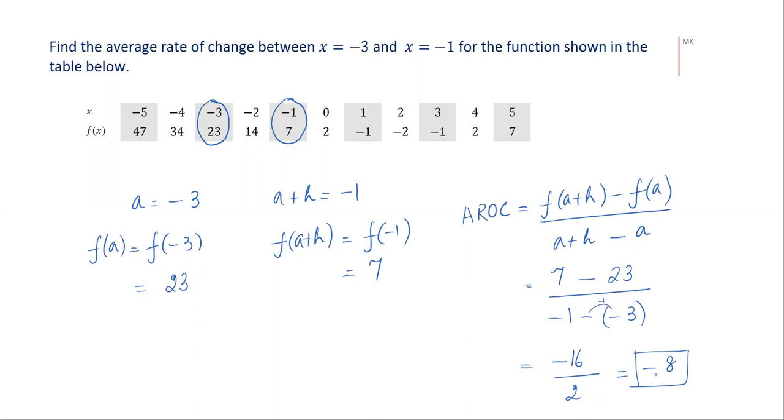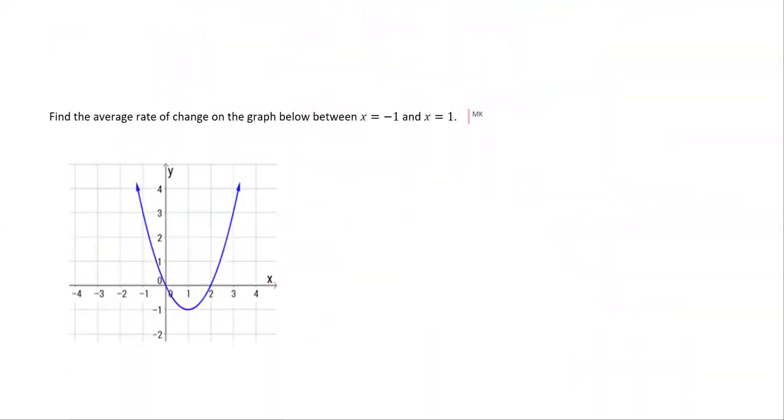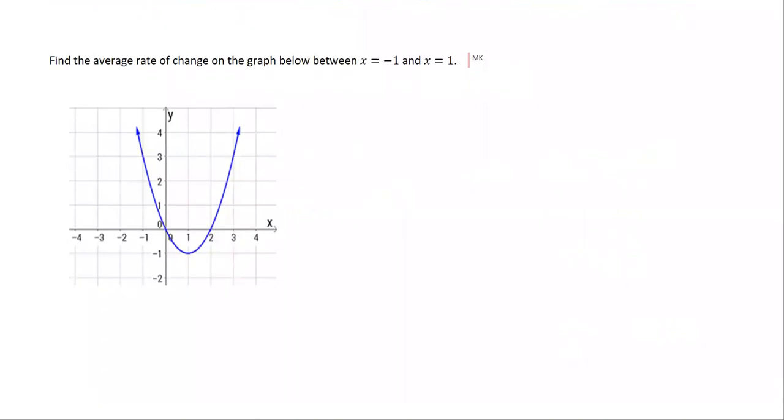All right, let's look at the next one. What if this came as a graph? Can we still do this or respond to the question, average rate of change? Well, absolutely, because you know that an equation, a table, a graph are all different representations of the same information.